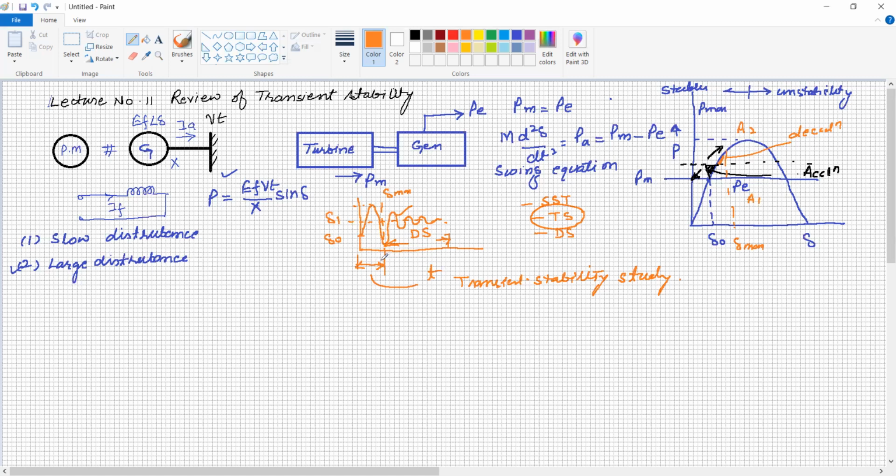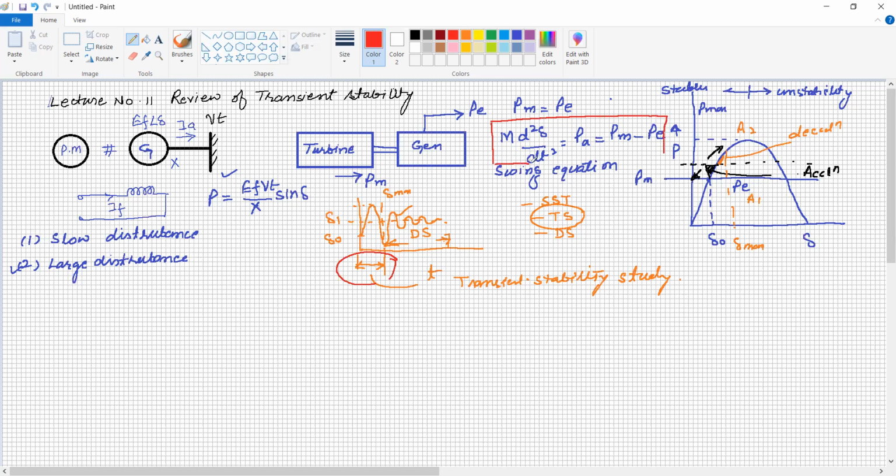So our area of interest here is the 1.5 cycle, the transient stability, and it is calculated from the swing equation. This is a second order differential equation.